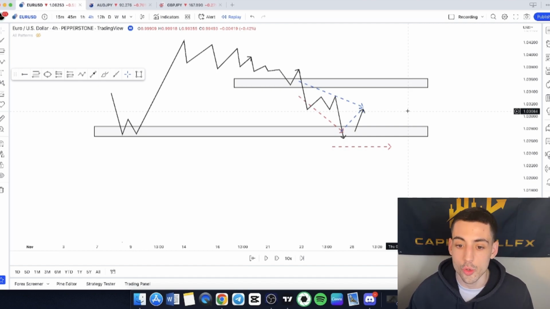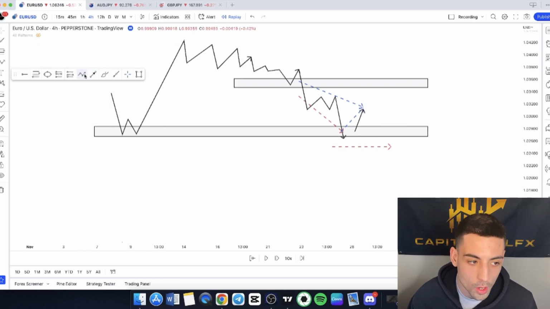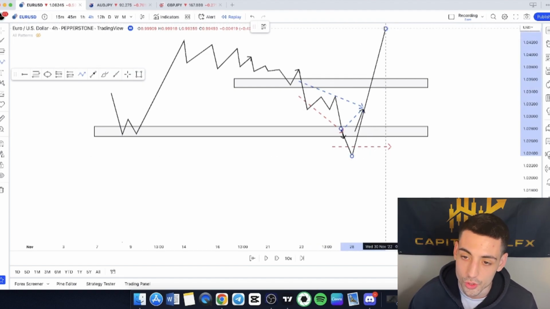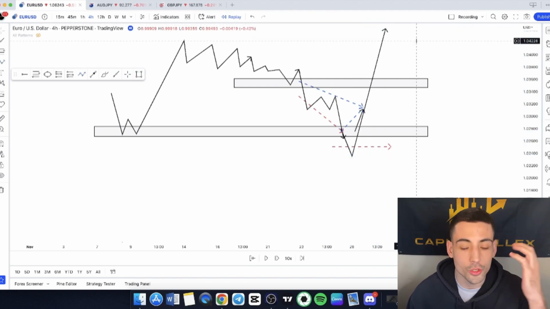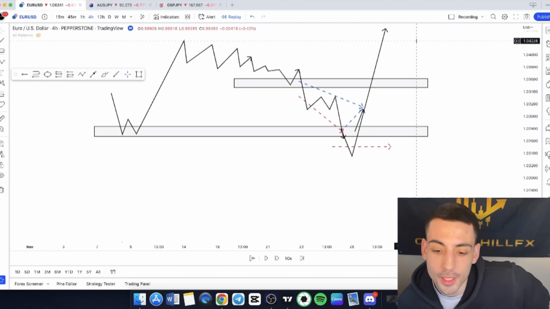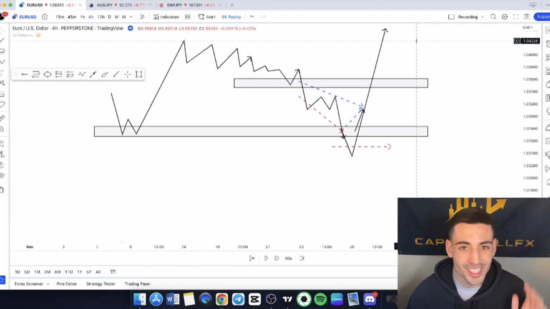With hedging, you could get some more exposure, especially if price goes way away from your hedge entry. So if you get hedged and then price just goes all the way towards the upside, even though you're not losing more of your capital, you want to make sure to risk a lot less of your account balance when you're hedging. So that is all I got for you guys.